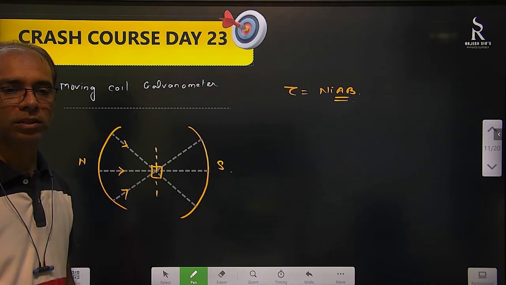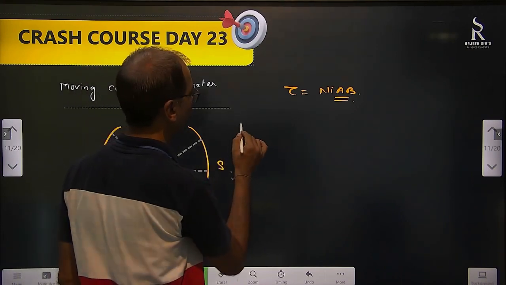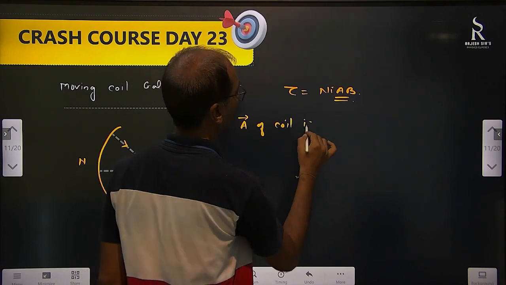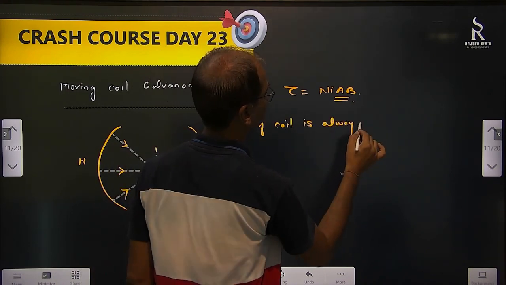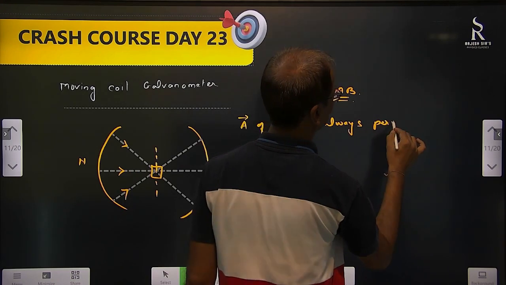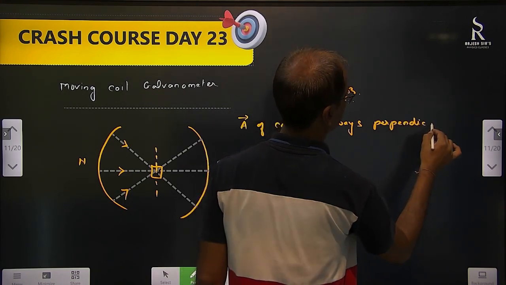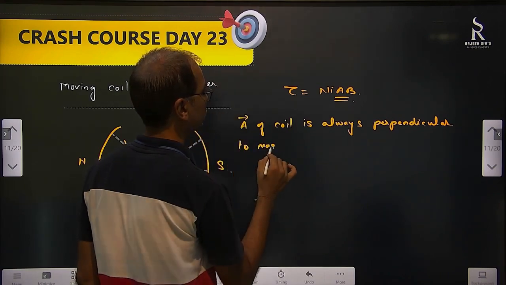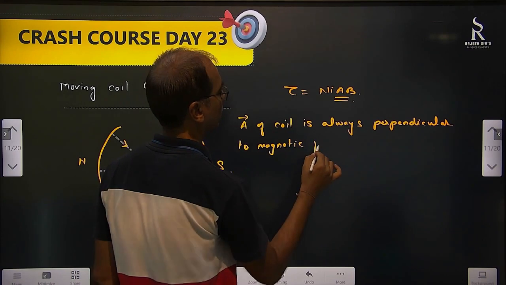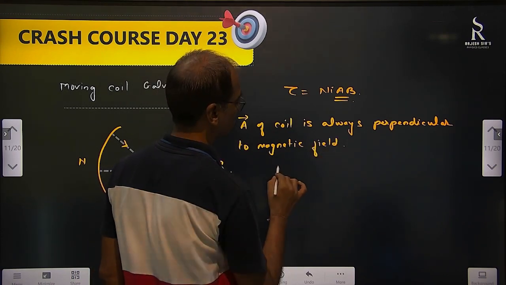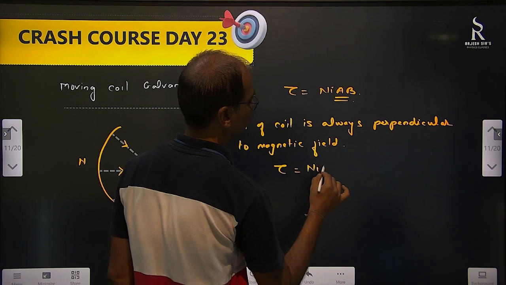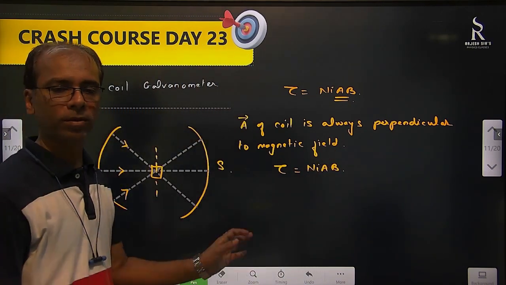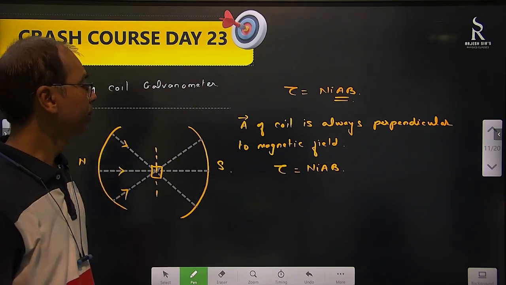The area of the coil is always perpendicular to the magnetic field. So torque is constant, NIAB, always. We never talk about sine theta in this. Torque is NIAB.